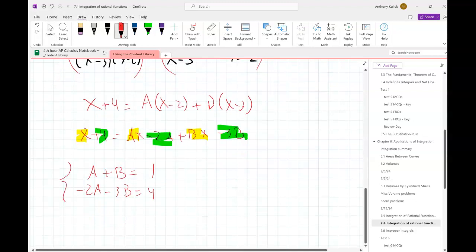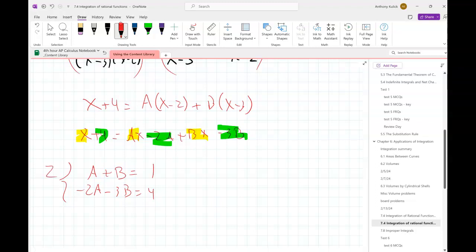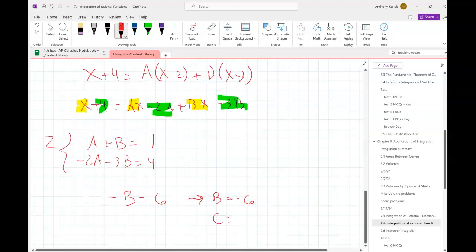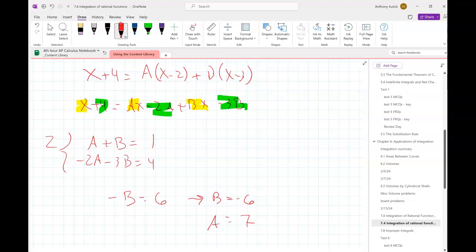That's going to form a system of 2 equations so I can solve for a and b. I could do substitution or elimination. I'll do 2 times equation 1 and just add them together. That's going to give me negative b is equal to 6, or b is equal to negative 6. If I plug that back in, then a has to be 7.